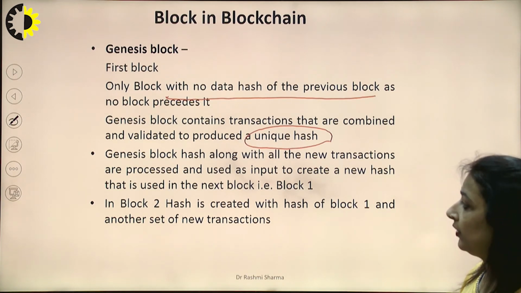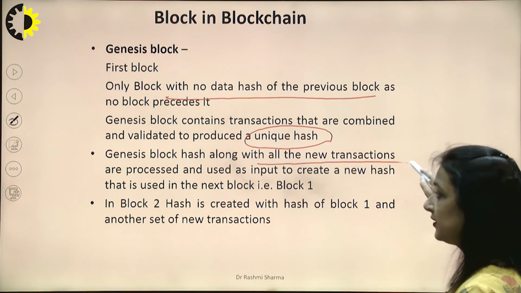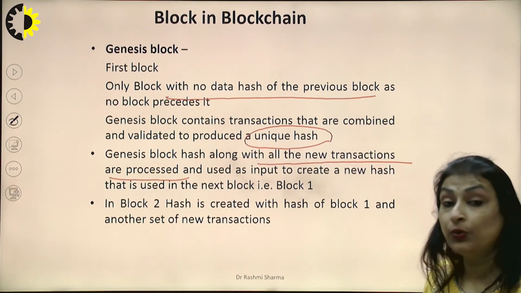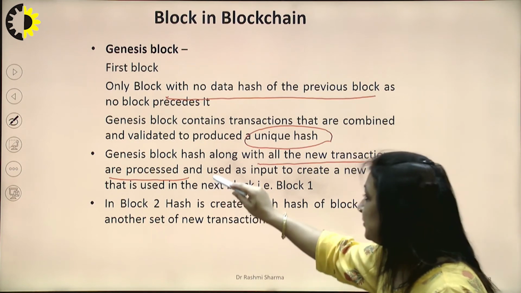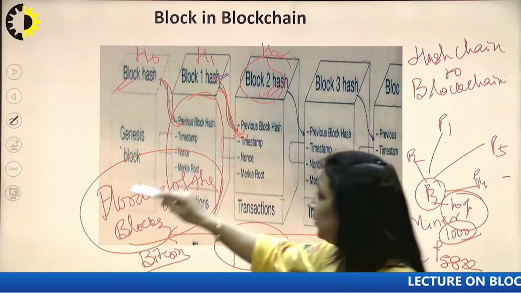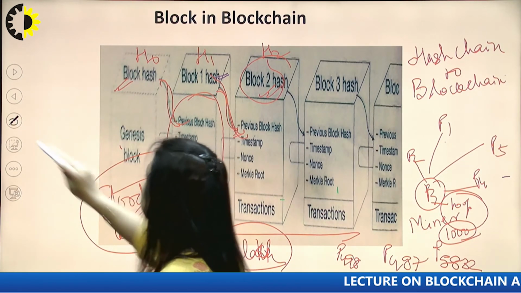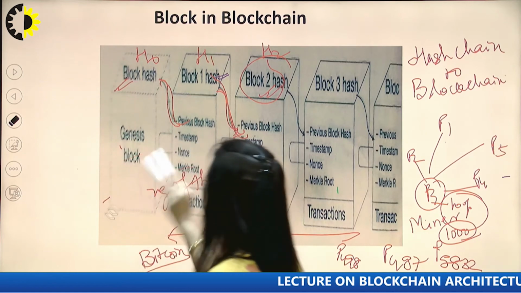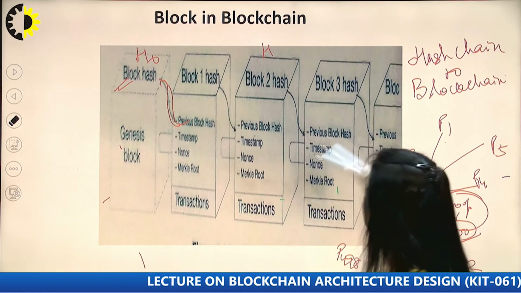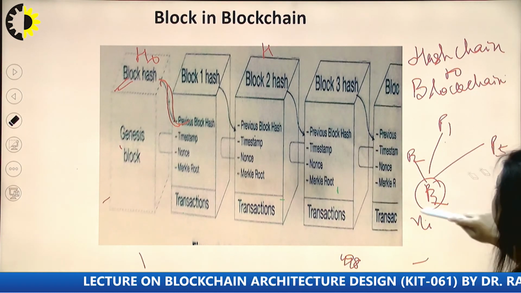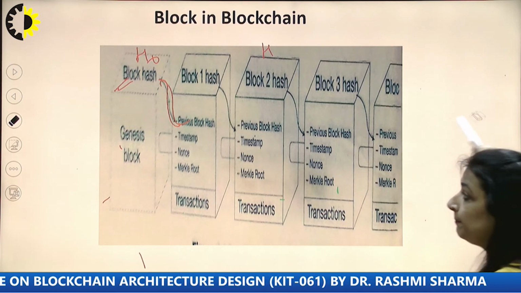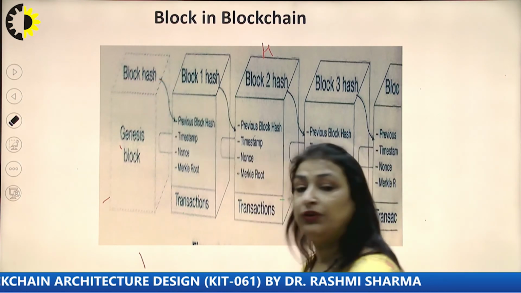The genesis block hash, along with all the new transactions, uses that particular hash value as the base value, and then the process uses it as input to create a new hash value. See, we have used this particular hash value of the first block to generate the hash value of the second block. Similarly, this second block has a hash value which has the hash value of the first block as its base.